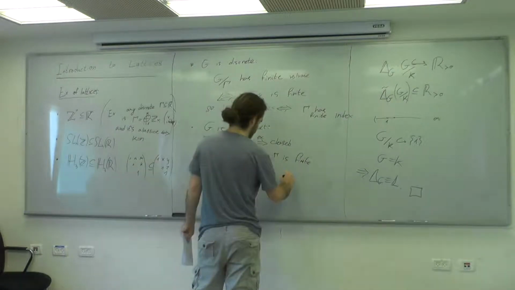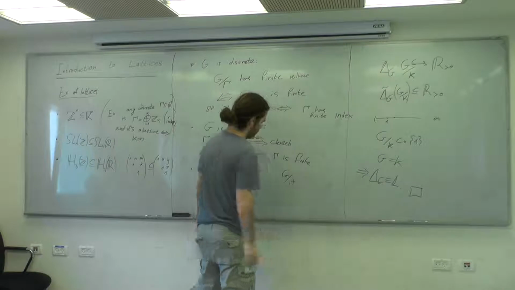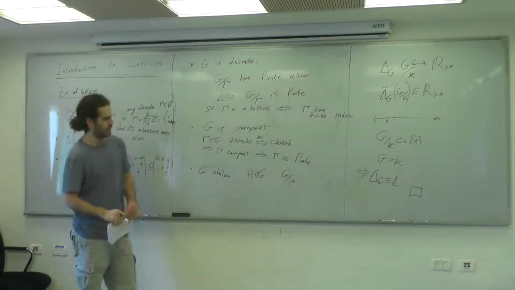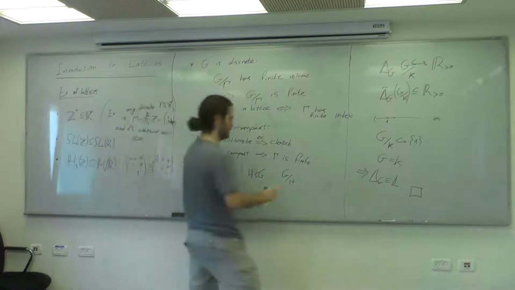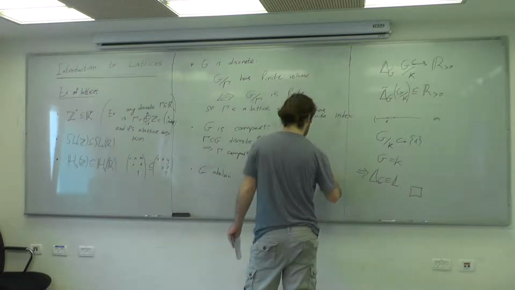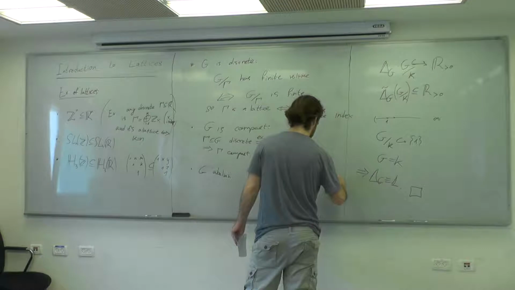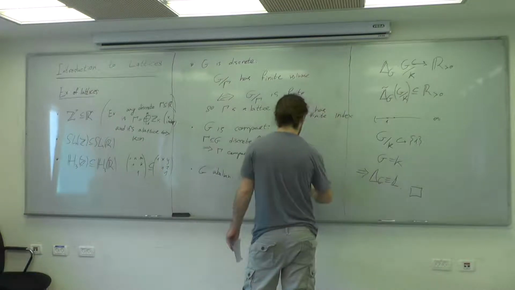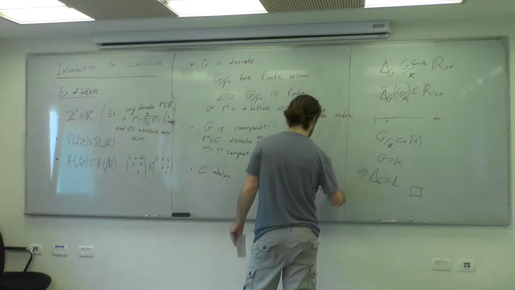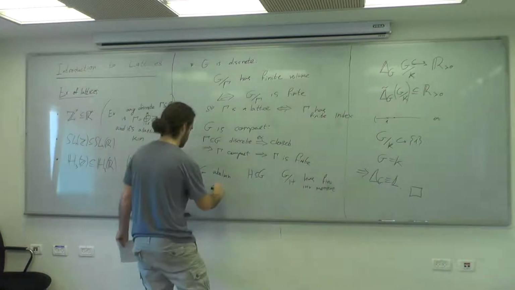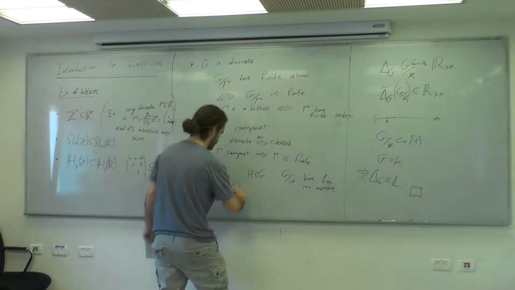So G mod H has a Haar measure. G mod H has finite invariant measure if and only if G mod H is compact.